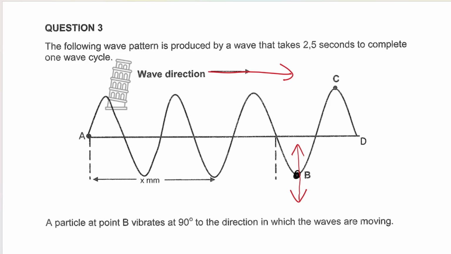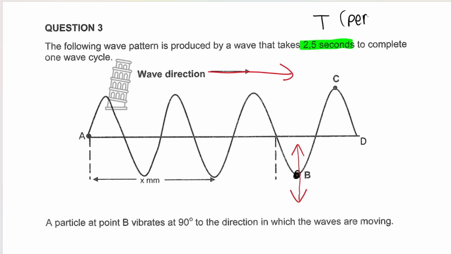Another piece of information that we can get from reading carefully is that it takes 2.5 seconds to complete one wave cycle. They could say to complete one wave. They could say to complete one wavelength. They could say for one crest to pass. But all of this is telling me the same information. And that is the period of the wave.